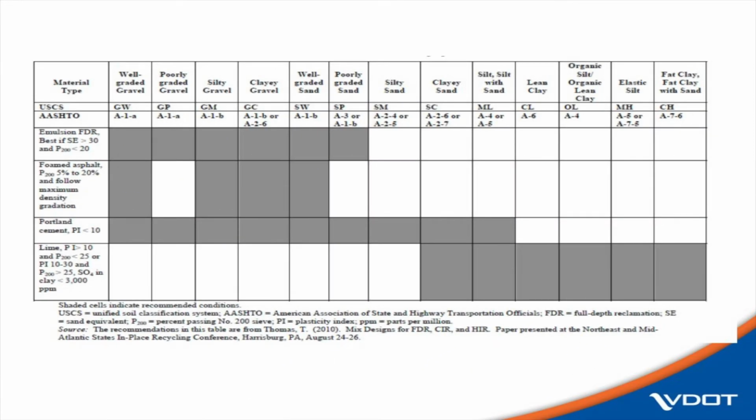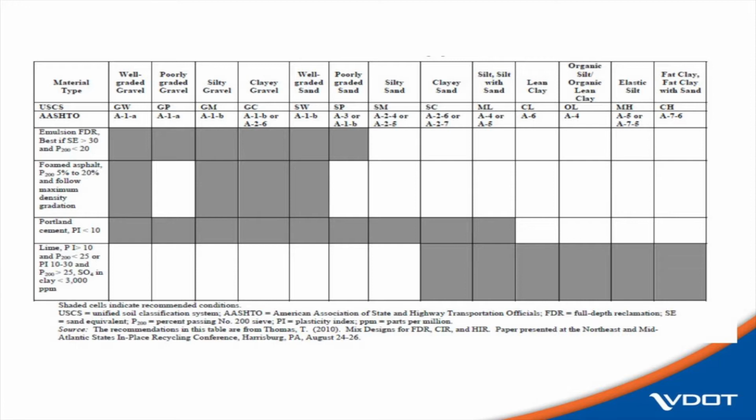So this is a good flow chart. I'm not sure how many of you are familiar with soil classifications, but we start here with a GW, which is the most granular, a well-graded gravel, to over here, which is a CH, highly plastic clay. Here we have emulsion asphalt, foamed asphalt, Portland cement, and lime. They all have limitations based on grain size.